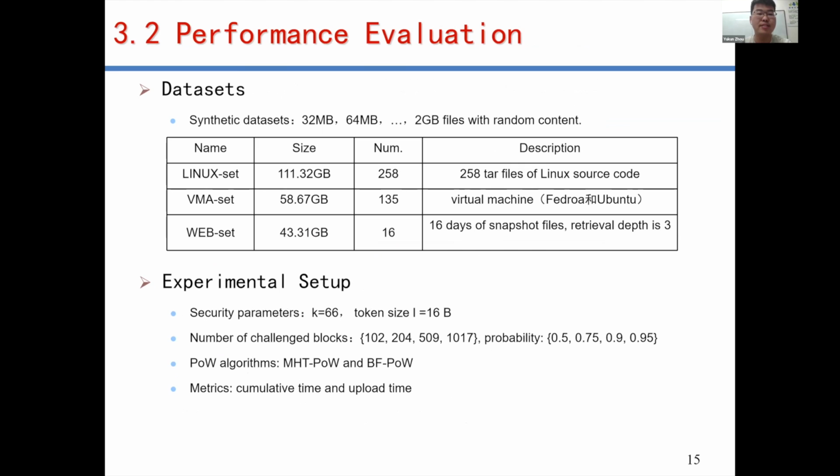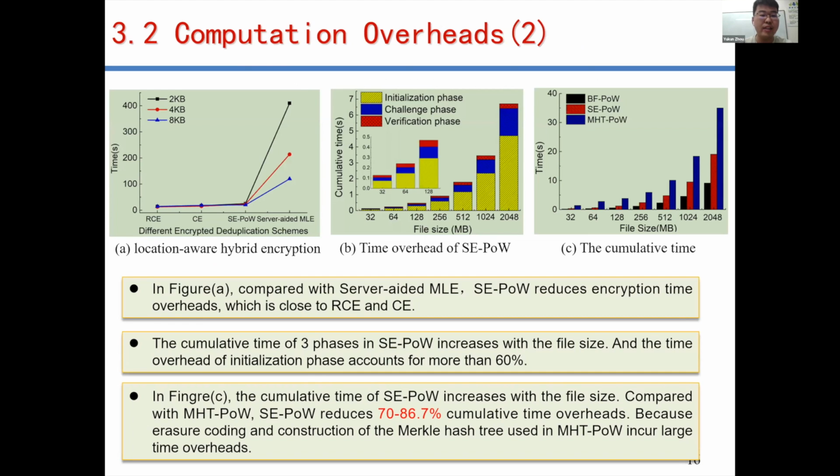We use synthetic data and real world datasets, with cumulative time and upload time as metrics. In figure B, compared with server-aided message-locked encryption, SEPOW reduces encryption overhead, which is close to RCE and NCE.